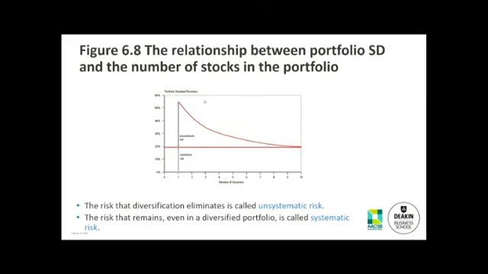Now, at the very beginning, when you only have one asset in your portfolio, the portfolio risk is at the highest. Am I right? Because in this case, the portfolio risk has two components, unsystematic risk and systematic risk. Do you agree? If you increase the number of shares in the portfolio, what happened to the unsystematic risk?